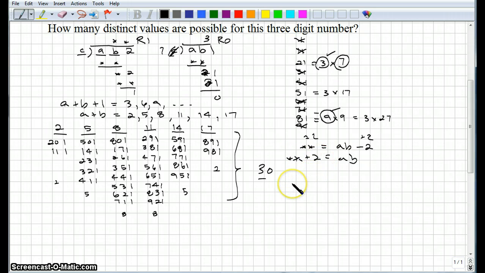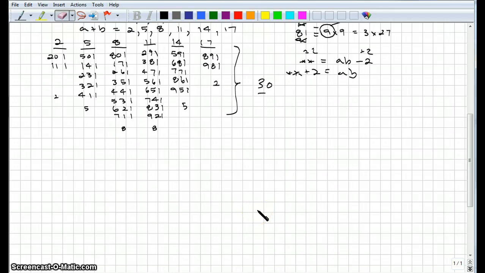Alright, so let's look at the multiples of 7 and add 2. And then see what numbers we can come up with that are different from these numbers over here. Alright, so look for part 2 for the rest of this problem.